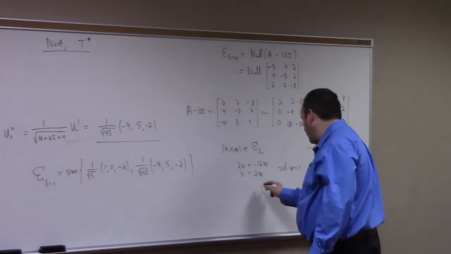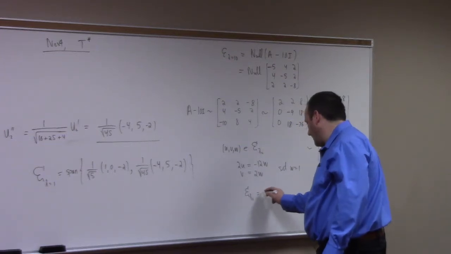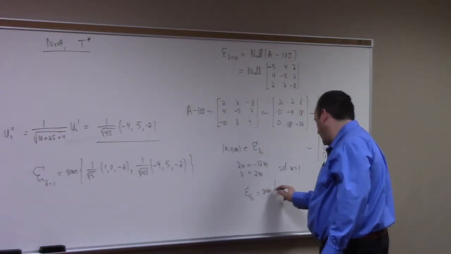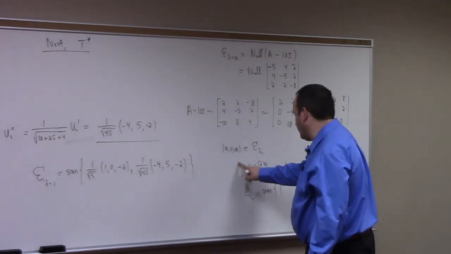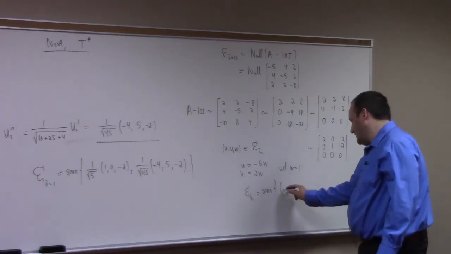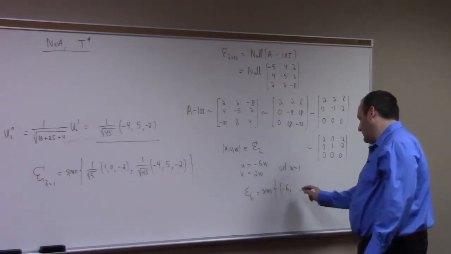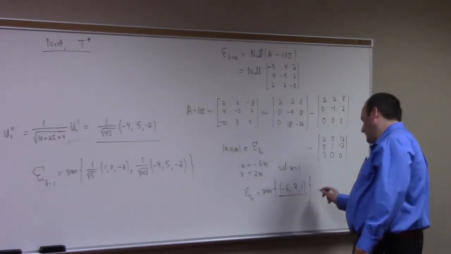That gives me the vector, what does it give me? Okay, so u equals minus 6w rather. So I got minus 6, I got 2, I got 1, and I better normalize that thing.